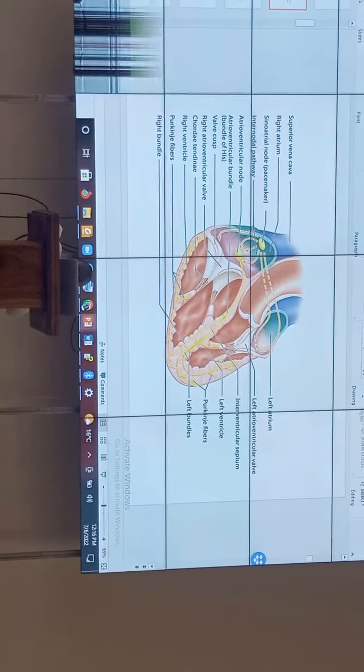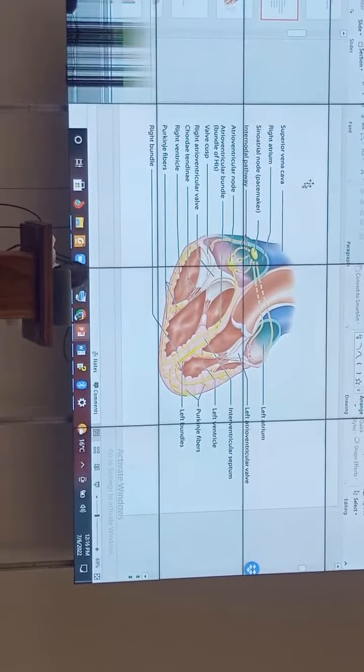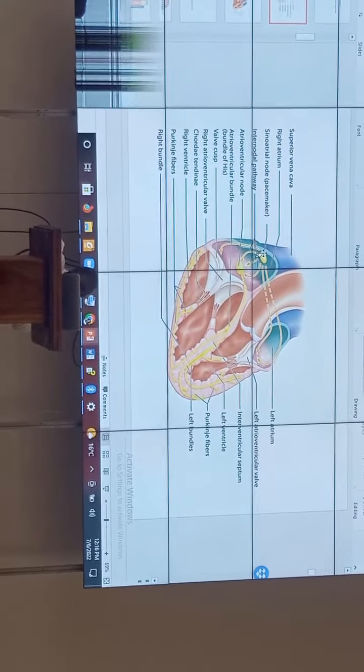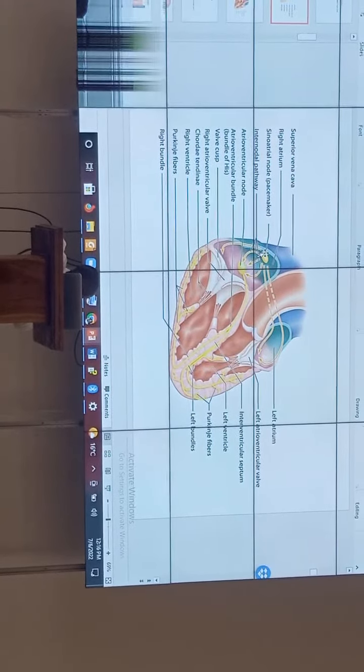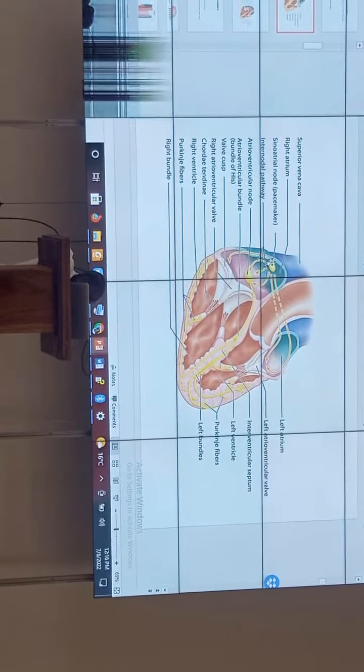Now, of all those components that we've talked about, the sinoatrial node is considered a pacemaker. I'm sure we've heard of the term pacemaker, isn't it?